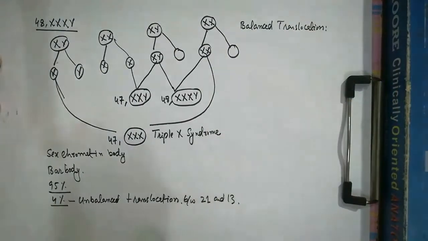If pieces of chromosomes break and are exchanged and reunited with no loss of genetic material, this is called balanced translocation.